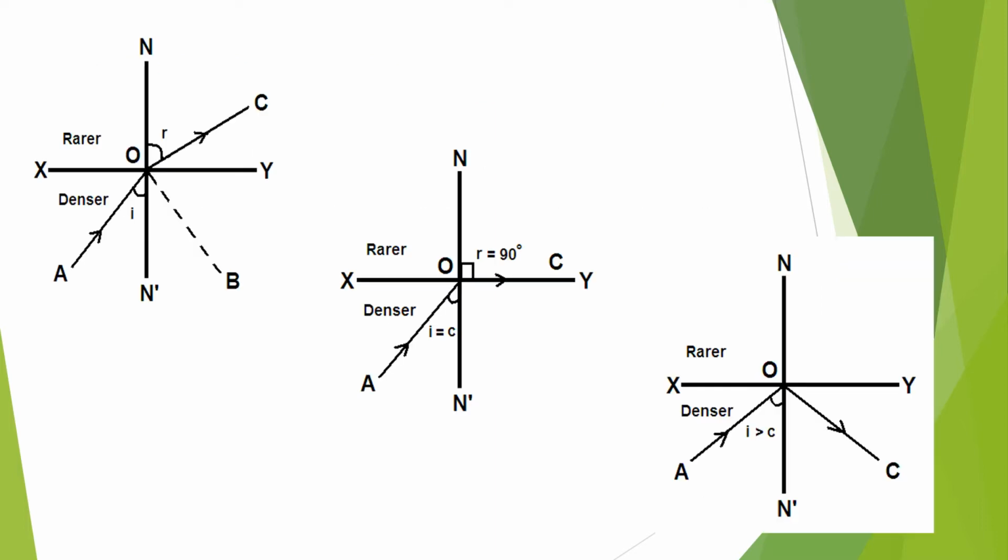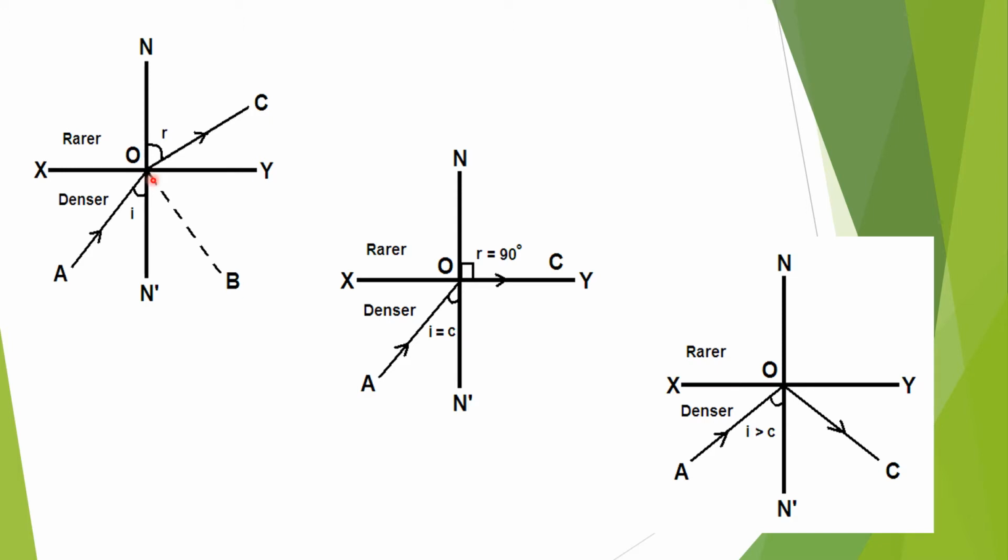Let me go through the schematic diagram, with which we can explain reflection and refraction, critical angle, and total internal reflection. In the first part, let's see the angle of refraction and angle of reflection. Here a ray of light passes from an optically denser medium to a rarer medium at the interface XY. It is partially reflected back into the same medium along OB and refracted into the rarer medium along OC.